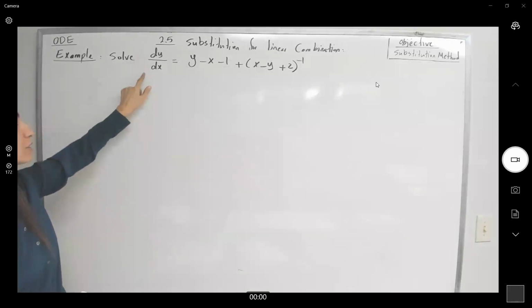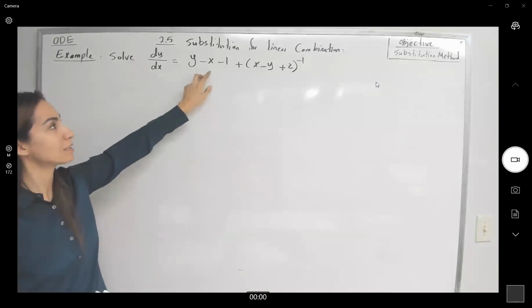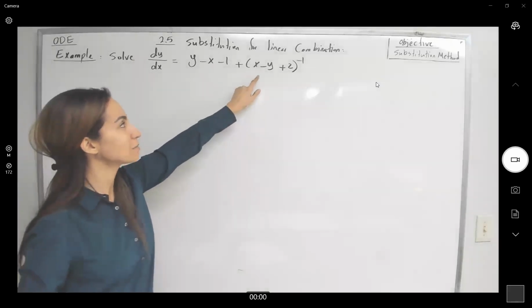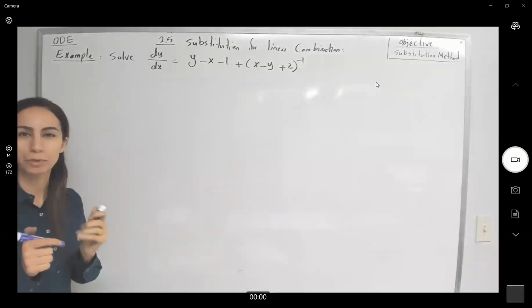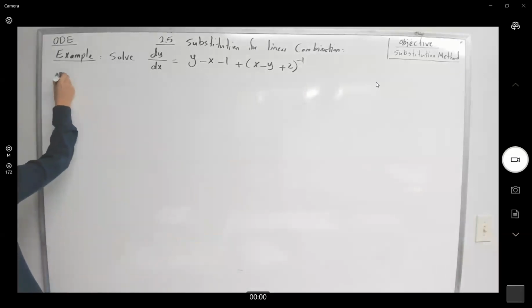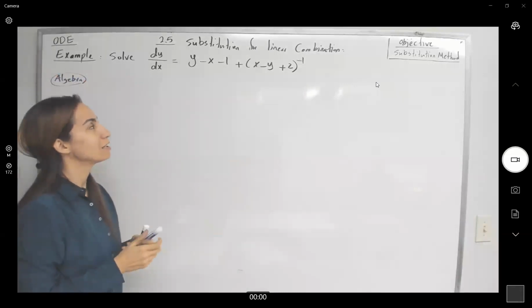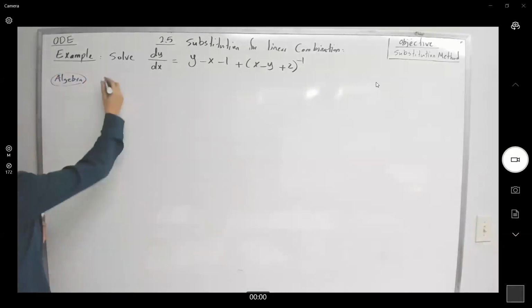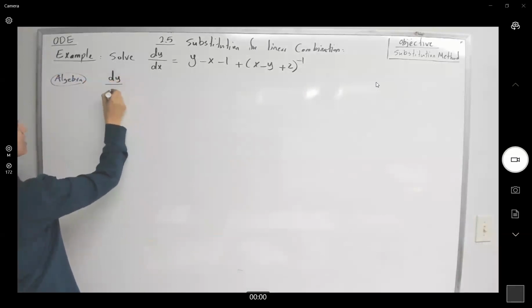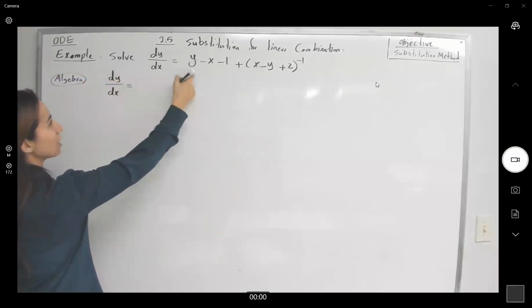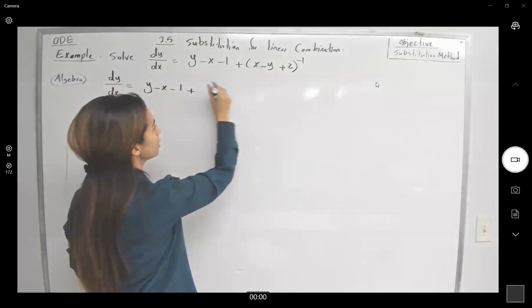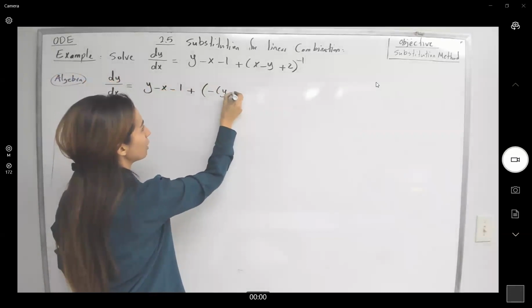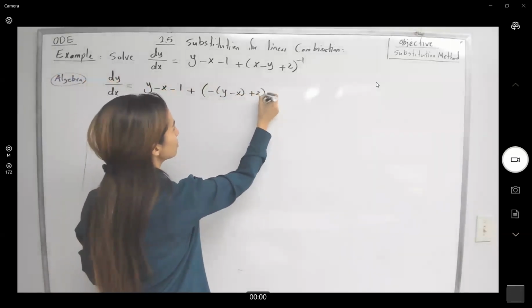Here we have dy over dx equals (y minus x minus 1) plus (x minus y plus 2) raised to negative 1. So let's do a little bit of algebra. Do we see any repetition or similar linear combination between x and y? dy over dx can be written as y minus x minus 1 plus, if I factor out negative, minus (y minus x) plus 2, to negative 1.